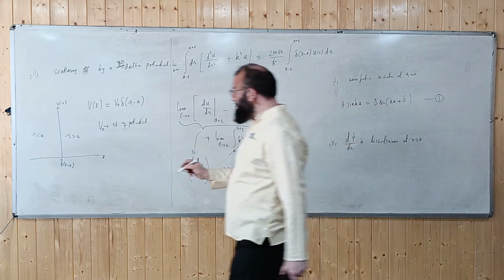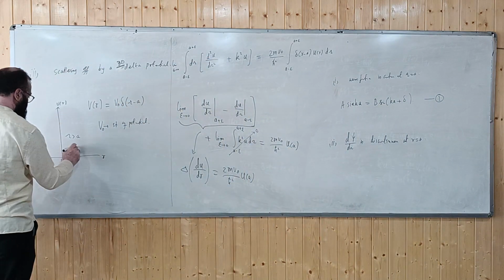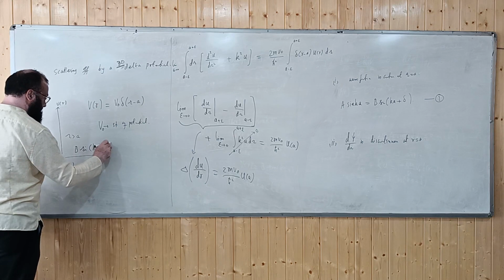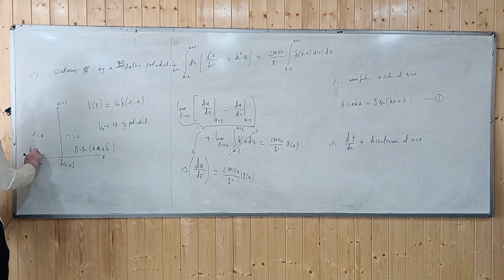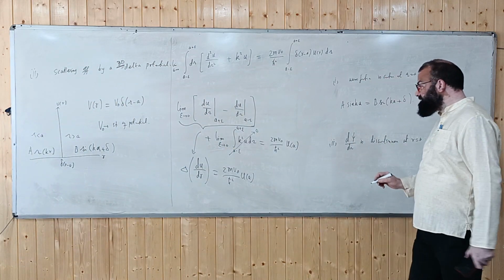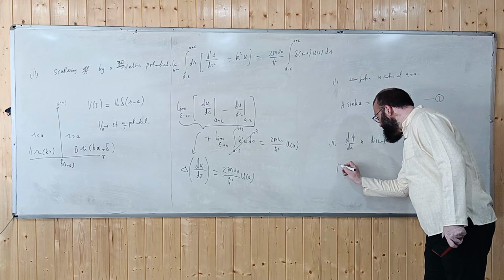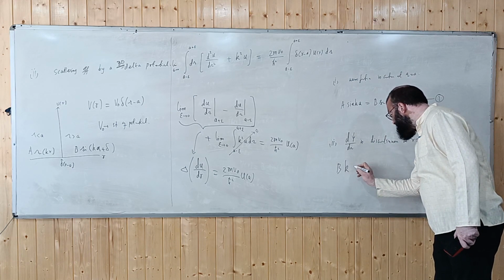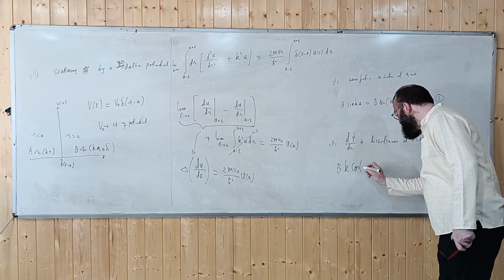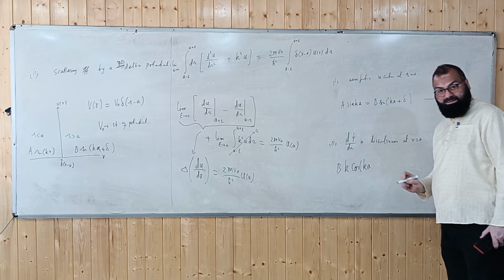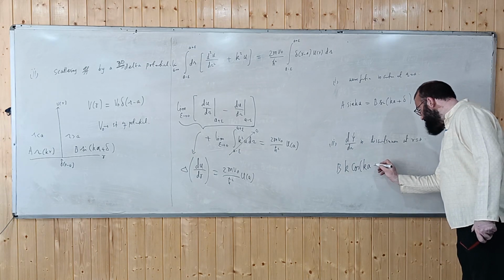Here it is b sine of kr plus delta, and for r less than a it is a sine of kr. Clear? Now let's write the differentiation of that. It is simply b, k will come out, cos of ka plus delta.